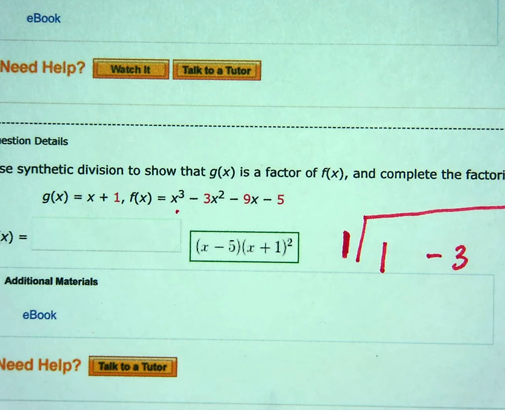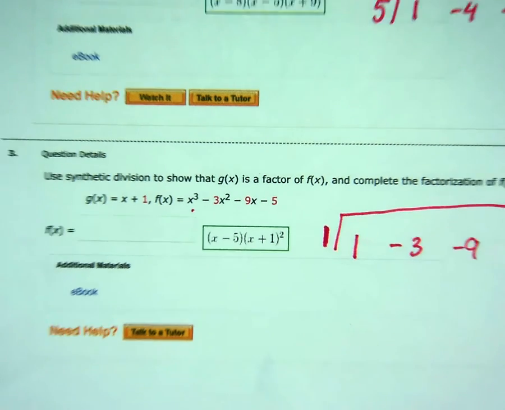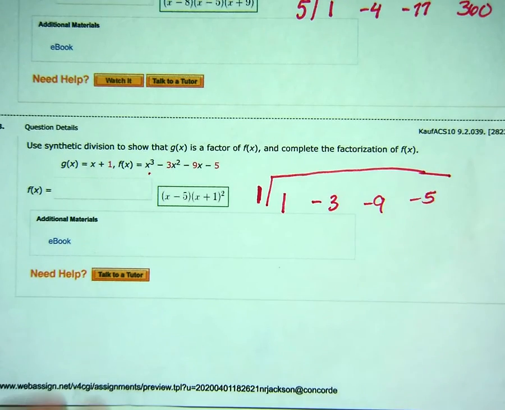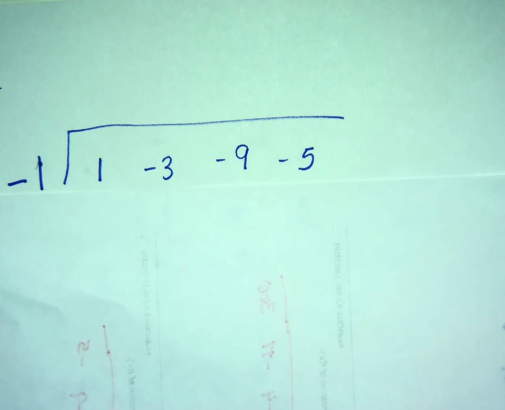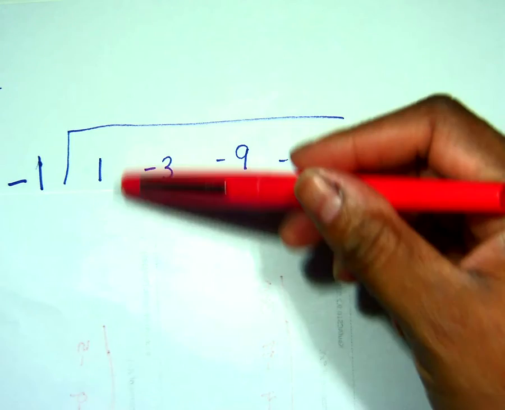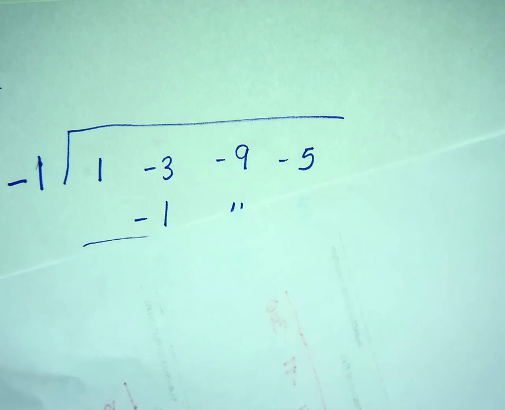So let's figure out how in the world they got that. So let me maximize it so you can see it. All these are coming from my coefficients. So here we go once again. You may notice that each time we're doing this, we bring down that first one. So I'm going to bring it down.